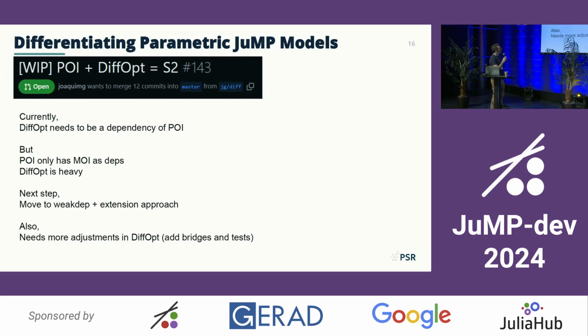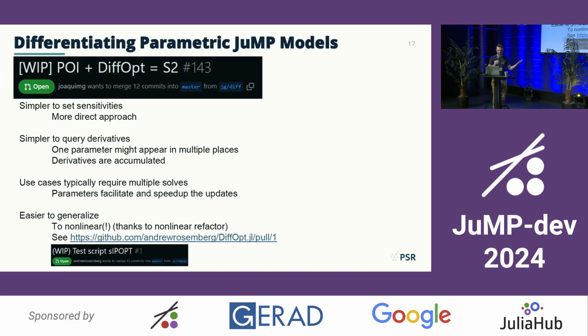There is something in the PR that we need to fix because currently DiffOpt needs to be a dependency of POI, and DiffOpt is super heavy, while POI is not heavy at all. It only has one dependency. But we can do something, like Miles was saying, we can use a weak dep plus extension approach, and that we need some adjustments, and that should be fine to merge right after that.